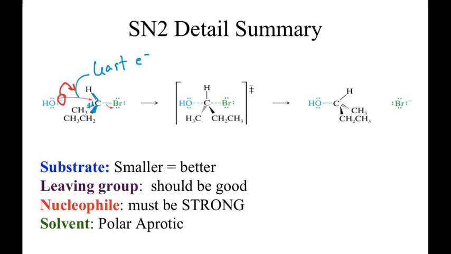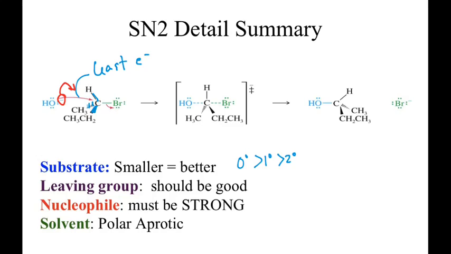So when we look at our substrates, we can say smaller is better. Okay, we went through a couple classifications with the SN1. We said tertiary was better. Well, tertiary is really large, so we're looking at, well, let's go ahead and do our zero area. Zero area will react faster than our primary, faster than our secondary.